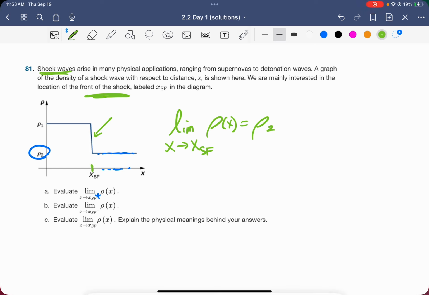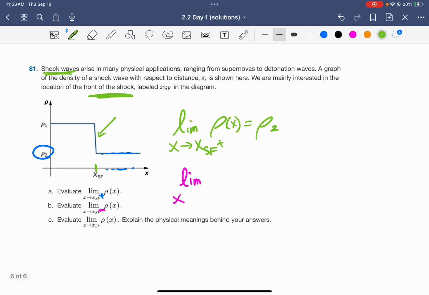And then it also says, as you walk in from the left, seems the limit as x goes to your place right here called the front of your shock, or x sub SF, that density of that shock wave is rho 1.